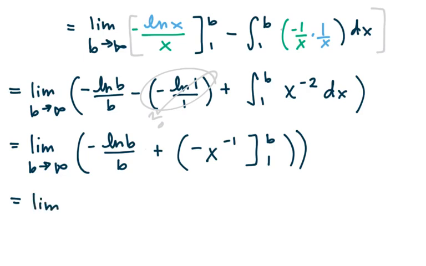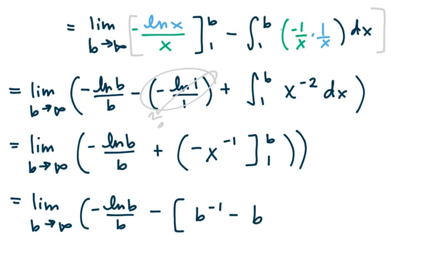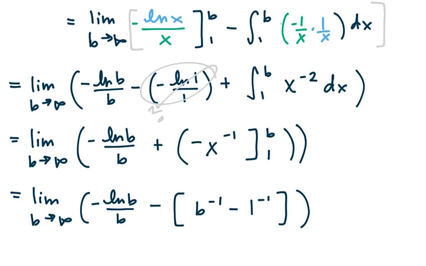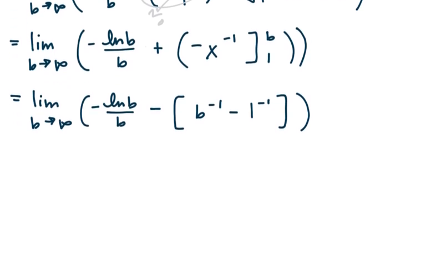So this is the limit as b approaches infinity of negative natural log of b over b minus, I have b to the negative 1 minus, oh, sorry, that would be 1 to the negative 1. So I just went ahead and pulled that negative out in front, b to the negative 1, 1 to the negative 1. So now we have to look at simplifying and then calculating our limit.